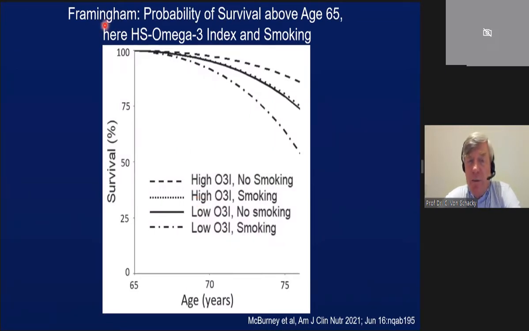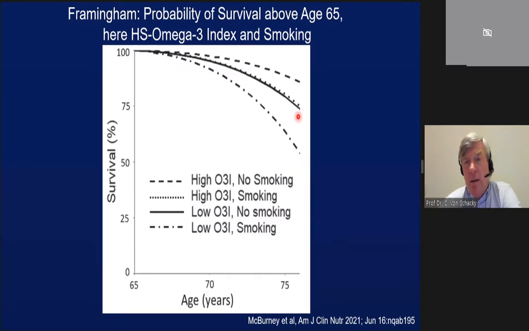More data from Framingham. We tried to assess the relevance of the omega-3 index. In a group of 65-year-olds, those who had a low omega-3 index and did smoke, 50% died within a 10-year time frame.